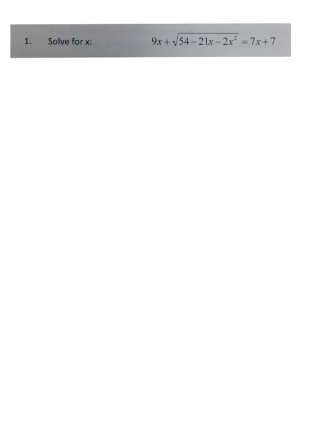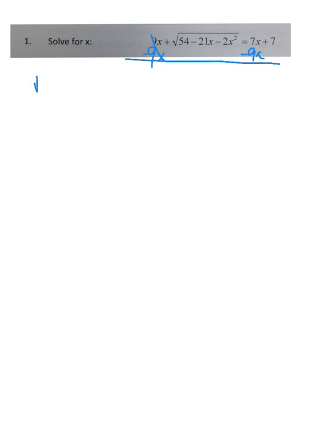When you're solving an equation that involves a radical, remember you want to start by isolating the radical. So I'm going to subtract my 9x from both sides. I'm going to subtract 9x here, and I'm going to subtract 9x over here. I'm going to write this over here.